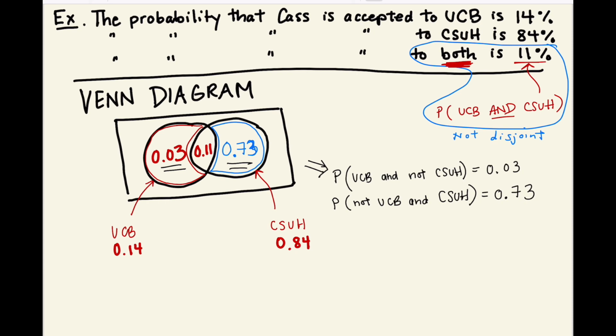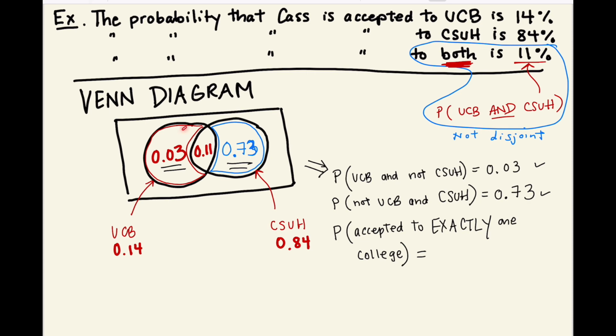And we could also look at the probability of being accepted to exactly one college. So what would that be? That would be this probability plus this probability, right?